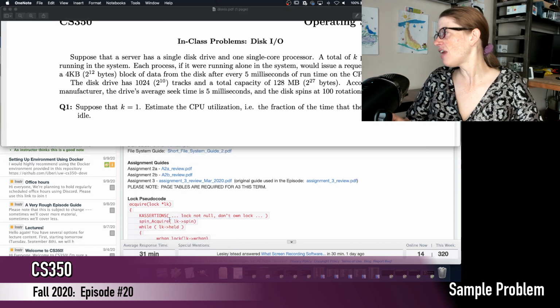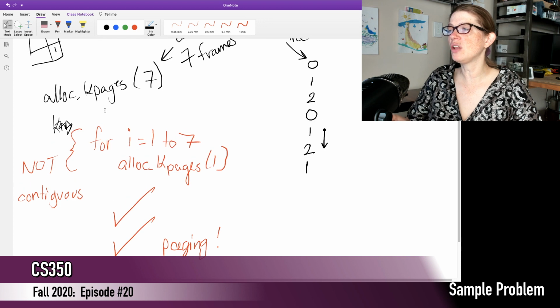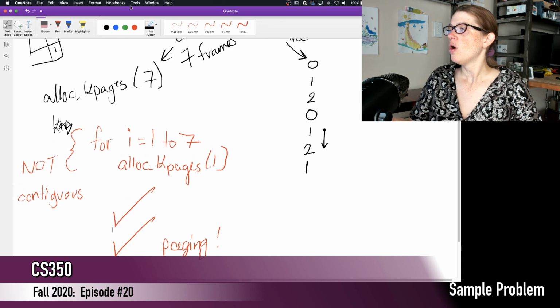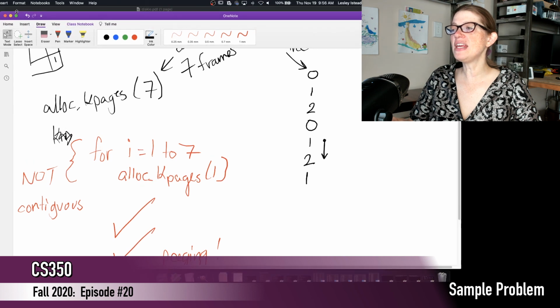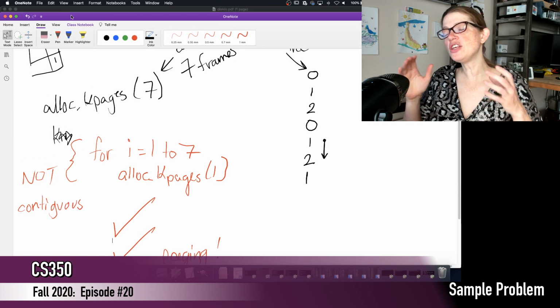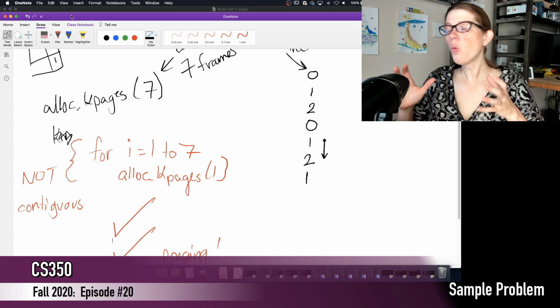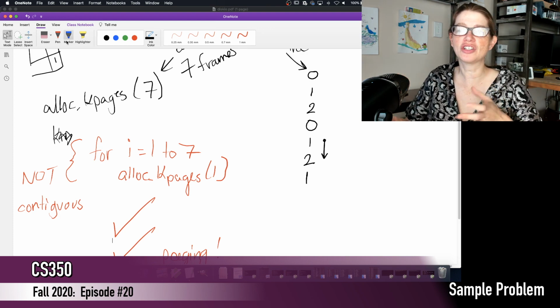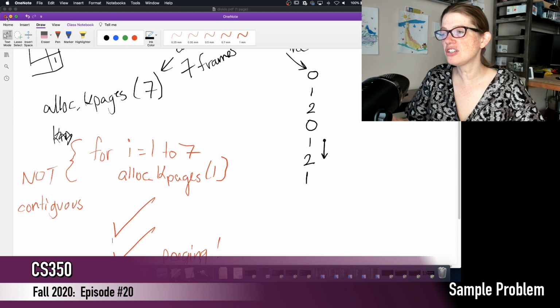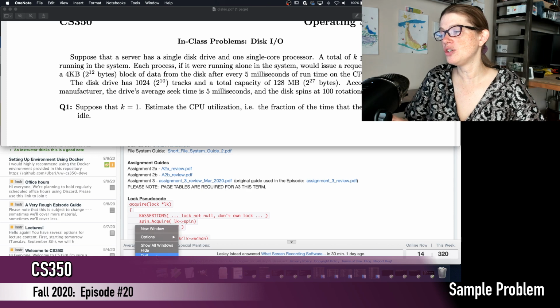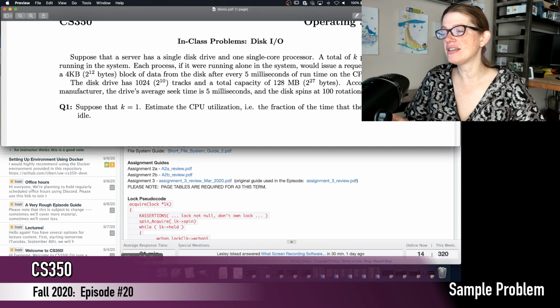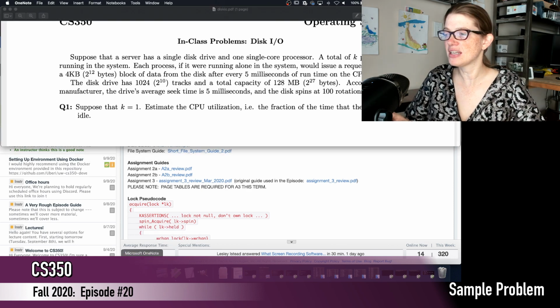Now that's something we haven't actually talked about. But what does that mean? Well, CPU utilization means, for a unit of time, what percentage is the CPU actually doing computation, and what percentage of the time is the CPU idle in some way.